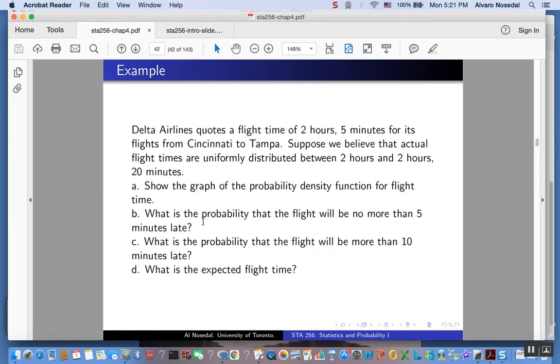We would like to find the probability that the flight will be no more than 5 minutes late. First we have to state that probability in terms of the random variable x that we defined here, where x represents flight time from Cincinnati to Tampa.